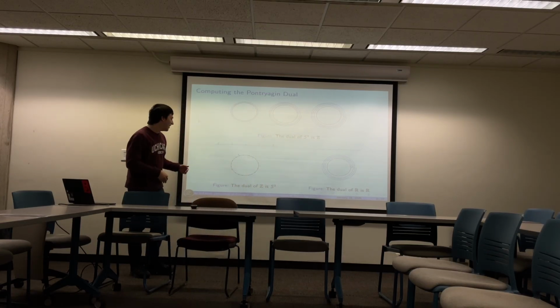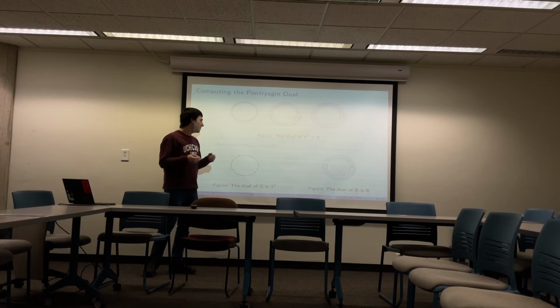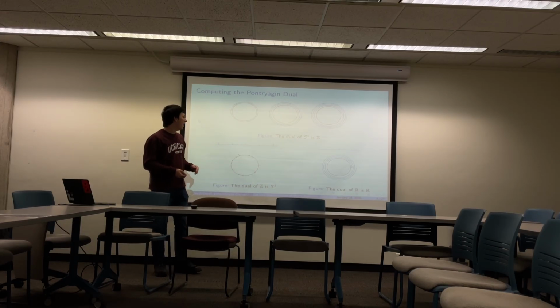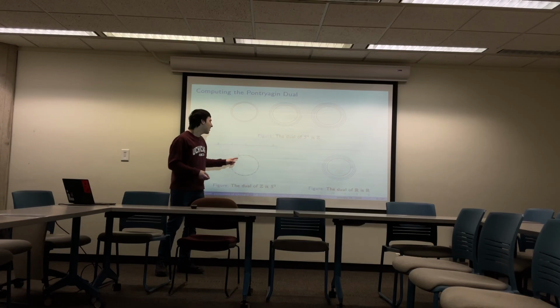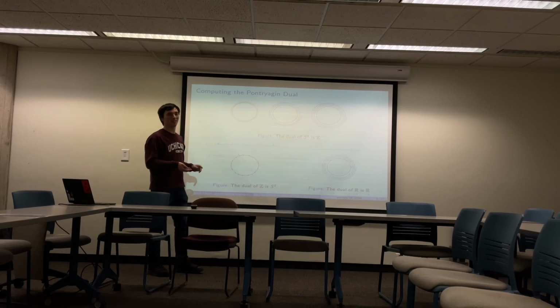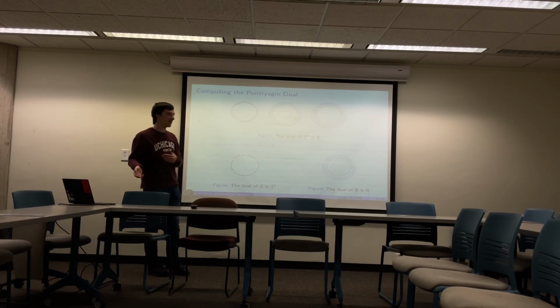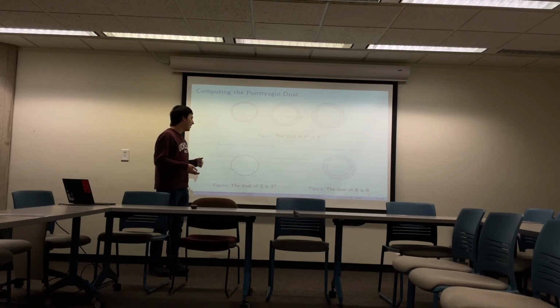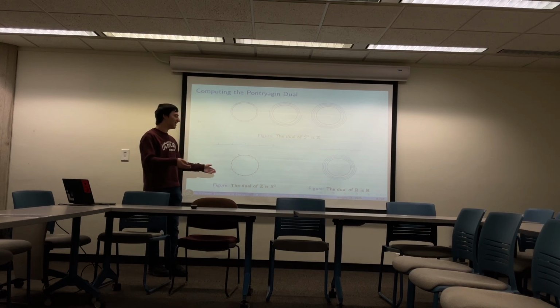And on the other side, for the Pontryagin dual of Z, we have to send 0 to 0 in order for it to be addition preserving. And then we can send 1 to any other point on the circle, and that gets us a unique continuous addition-preserving map, which is actually all of the addition-preserving maps. So the Pontryagin dual of Z is S1.